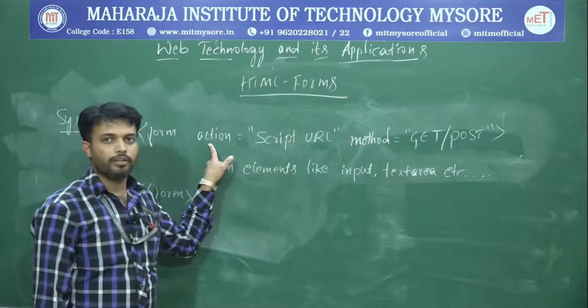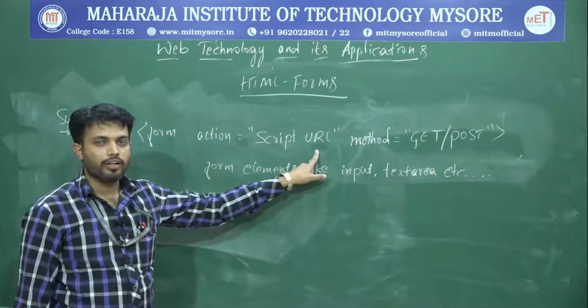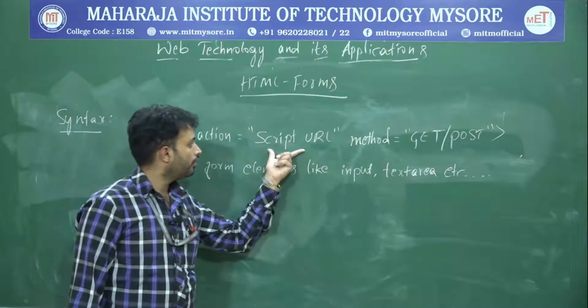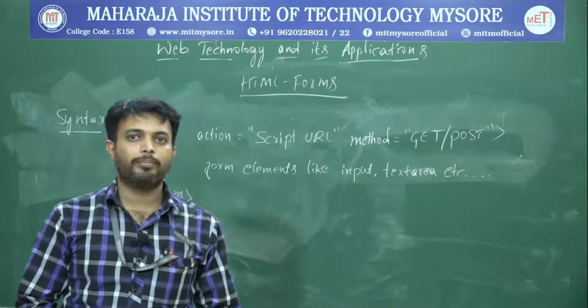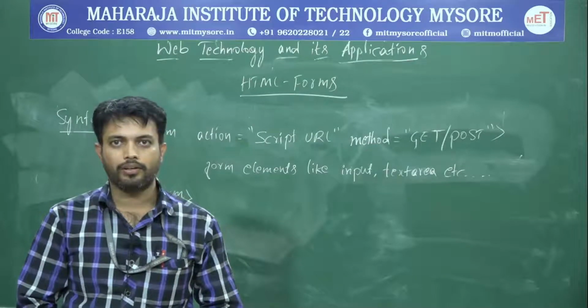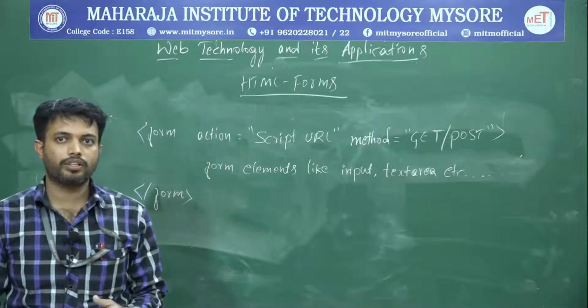So action. What does it mean, action equal to script URL? Here this URL stands for the actual backend code. Okay, backend application code URL. This form is collecting all the information, right?